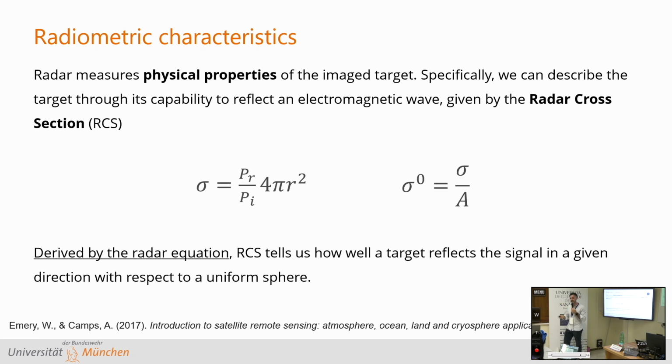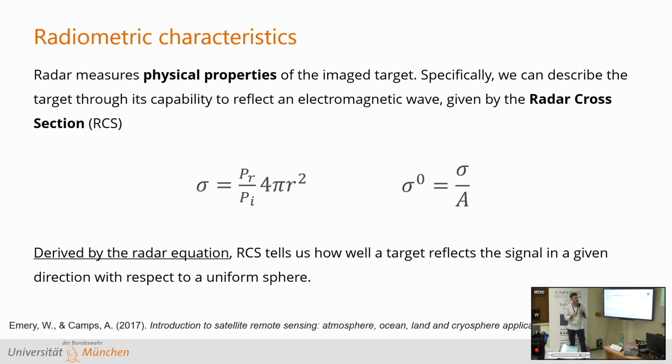It has different names because SAR was not the first application where people used the radar cross-section. It was mainly characterizing any type of scatterers, like very typically airplanes, since radar was born mainly in the military sector.